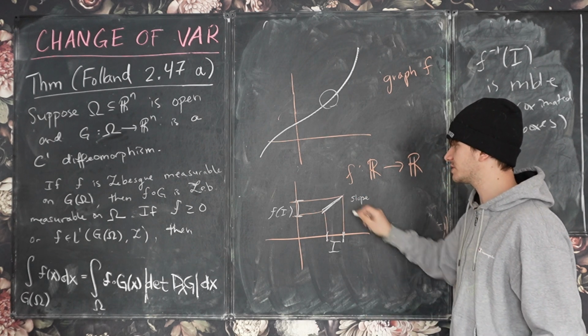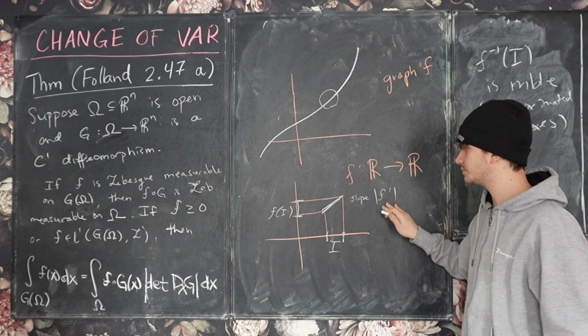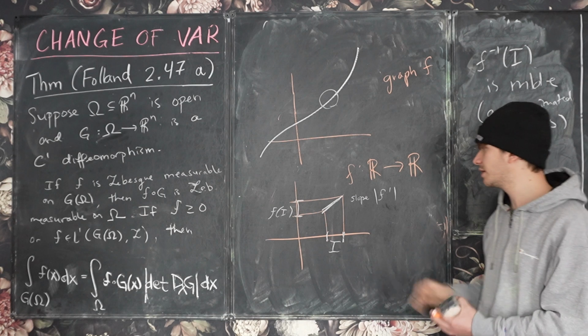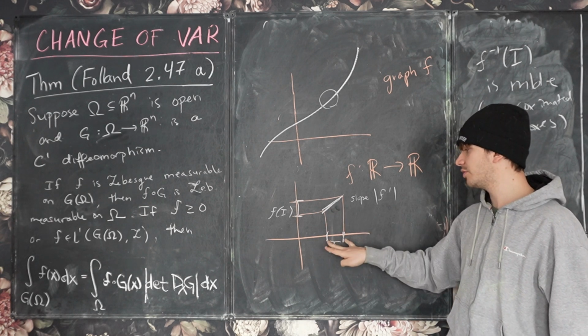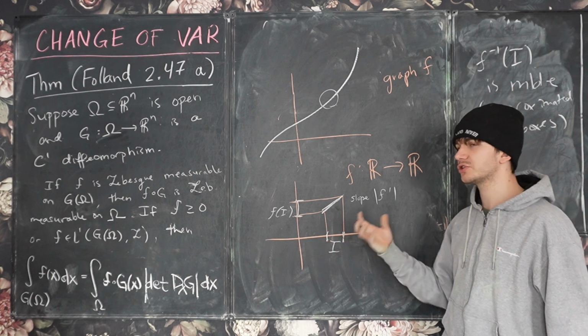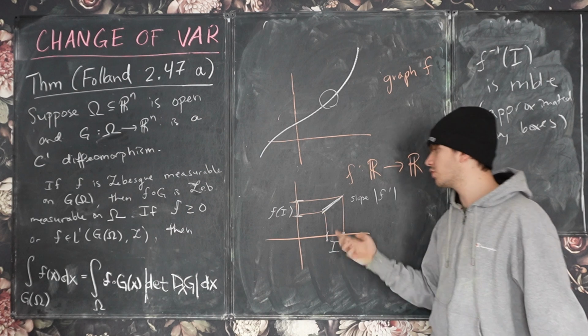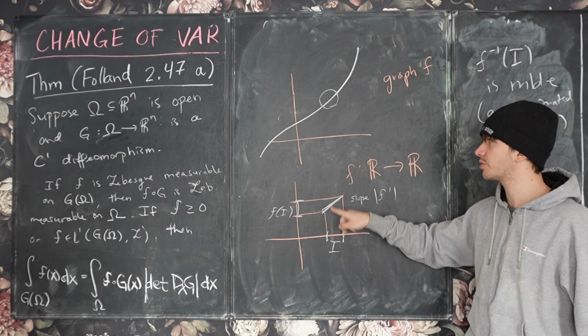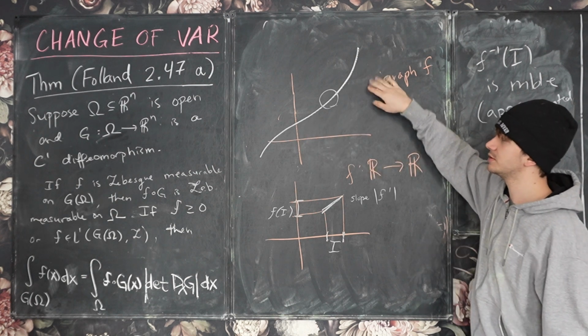And the slope of this line is just the differential f prime in magnitude. Okay, so basically, if I look at the magnitude of this slope, it's going to tell me how much intervals are getting distorted. Right. But it's local, because this is not a perfect approximation, as this curve has some curvature, right?